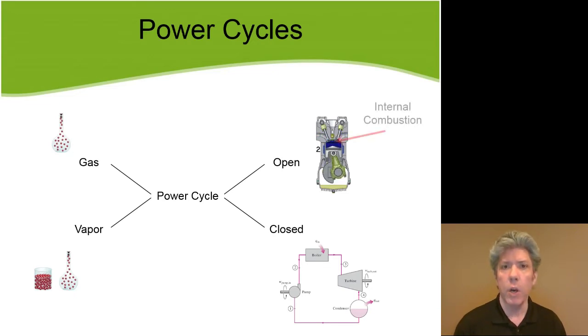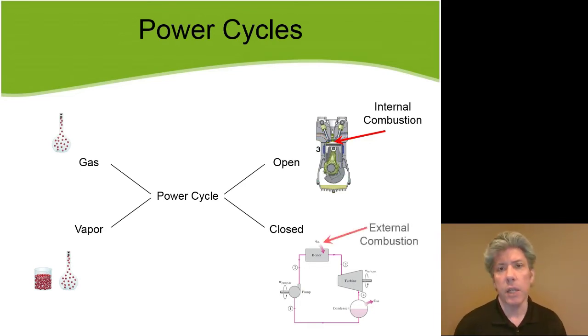Now, with an open cycle, you typically have internal combustion. So there's combustion of the fuel, the chemical energy that generates the thermal energy, in order to push the engine and do work inside of the engine.